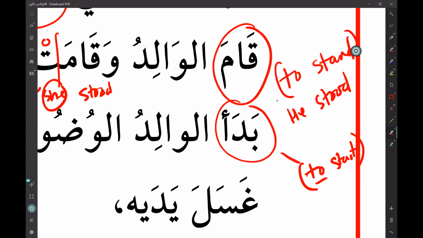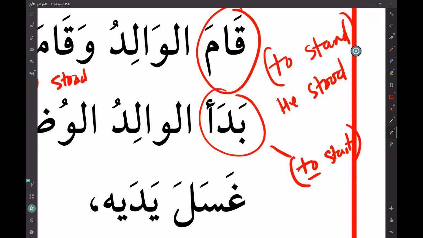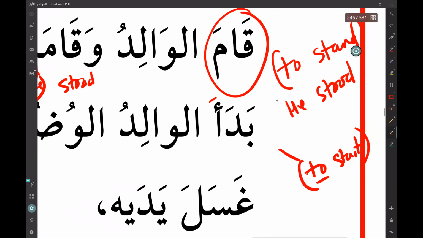Because in the Arabic language, remember I mentioned in last lessons that the verb also has tense. Of course, every verb needs to have tense. It also has the subject pronoun. So what is the tense and subject pronoun here? It is past tense. One way to recognize: anytime you see three letter verbs, and the last one has a fatha, by and large it will be a past tense.